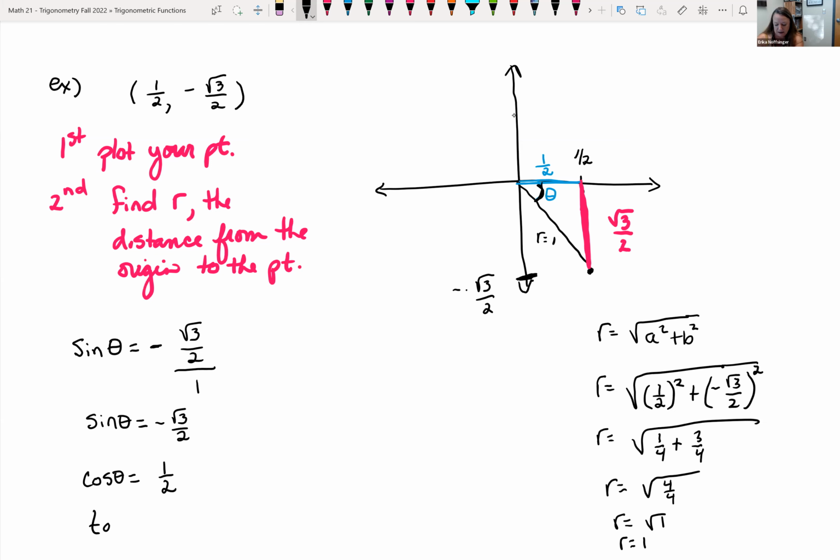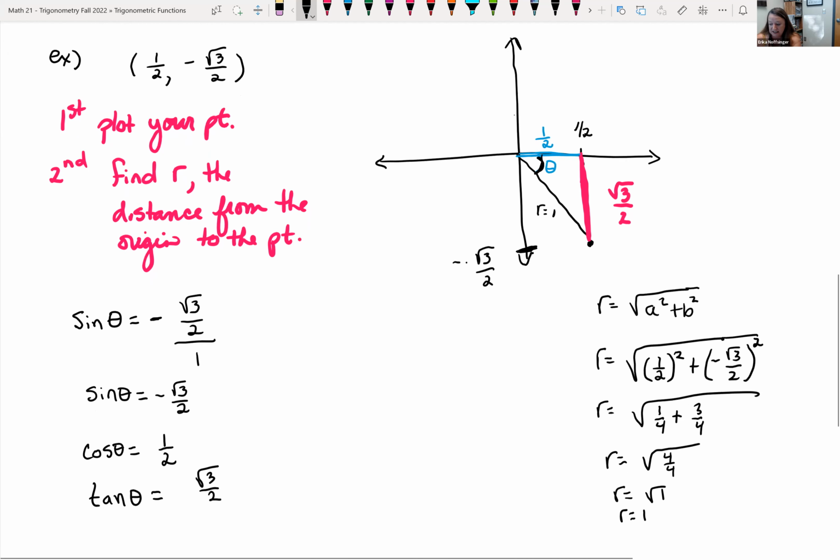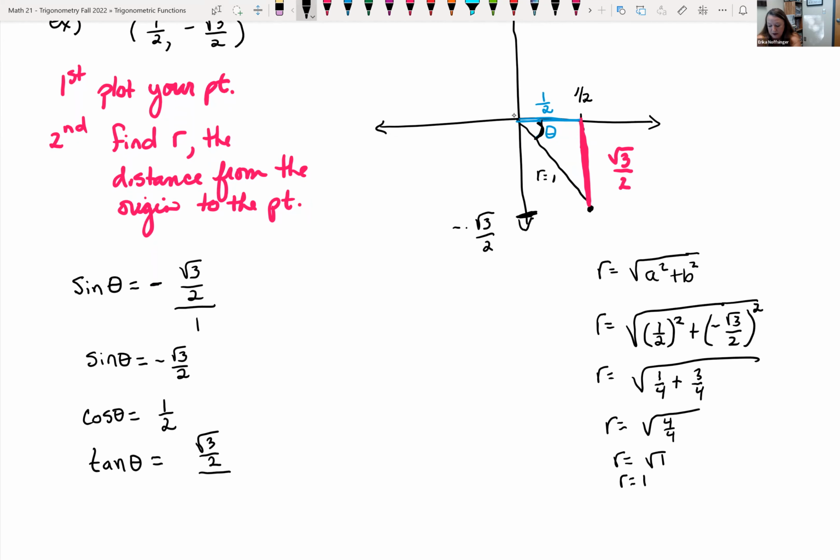Tangent theta, we can think of it multiple different ways. We can think of it as the ratio of sine theta over cosine theta and find it that way. Or we can think of it as opposite over adjacent. The opposite side is √3 over 2, and the adjacent side is 1/2, so we divide by 1/2.